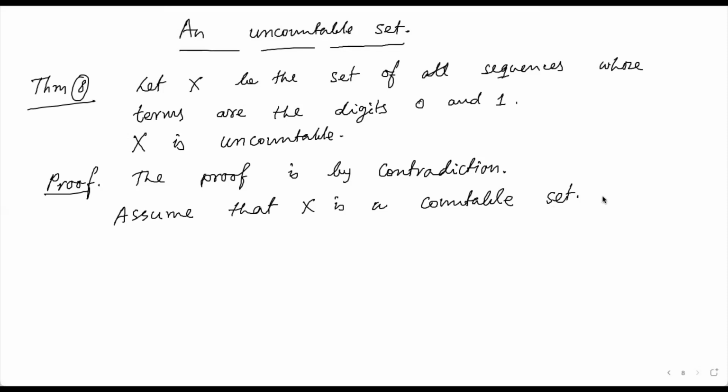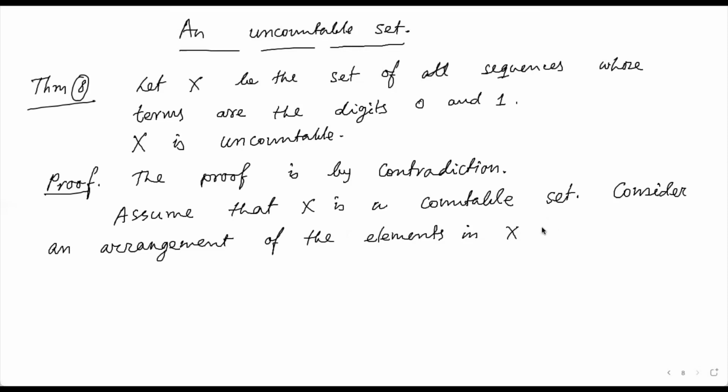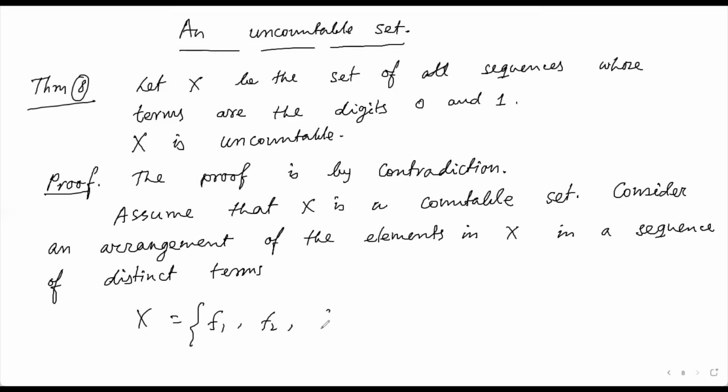So consider an arrangement of the elements in X in a sequence of distinct terms, like f1, f2, f3. So X equals f1, f2, f3, and so on.